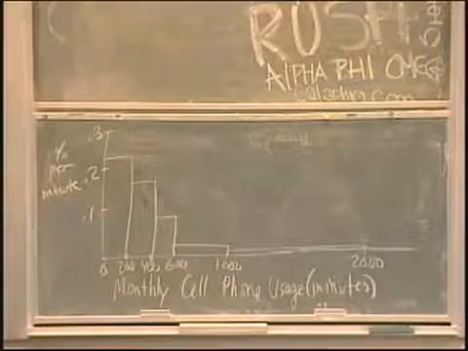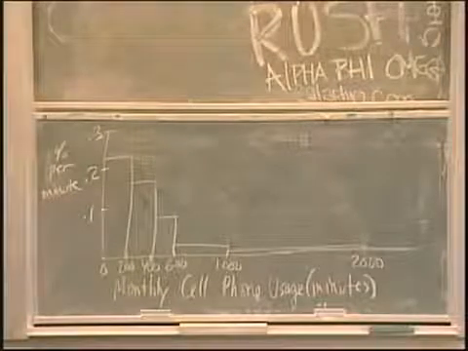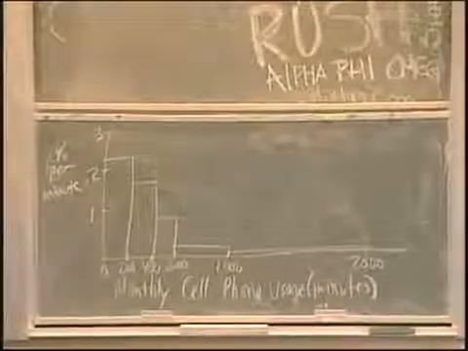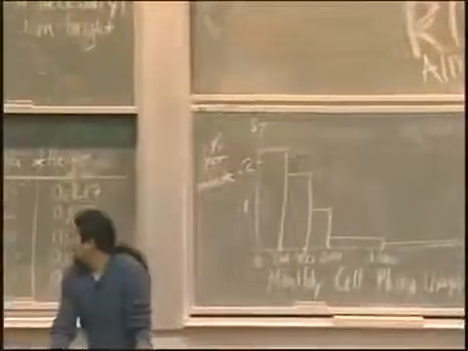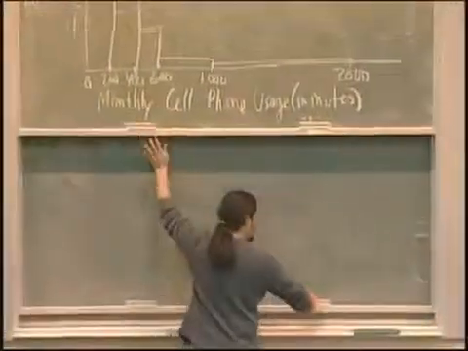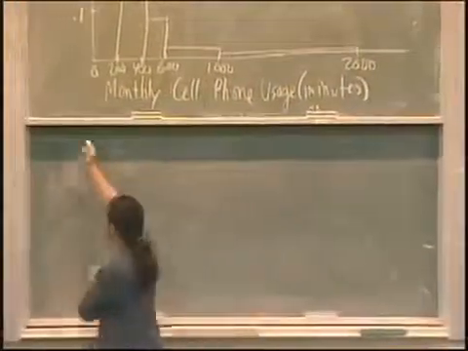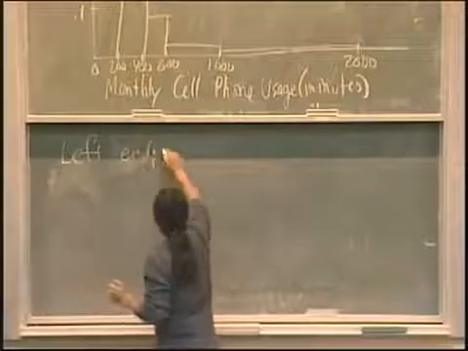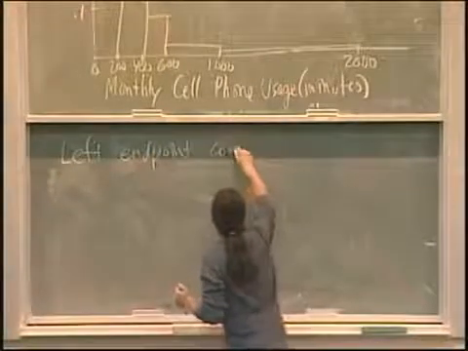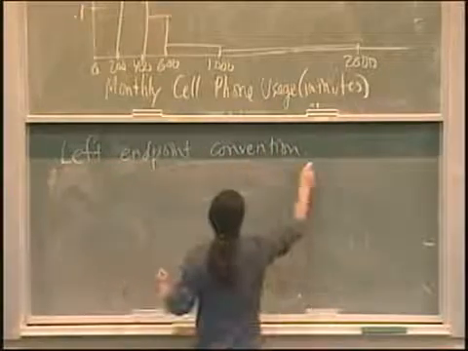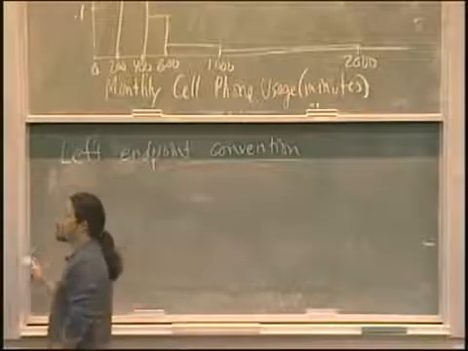If I add one more person who uses exactly 200 minutes, will 130 become 131 and 100 become 101? Good question. There's what's called the left endpoint convention, which says that the bars contain the left endpoints but not the right.